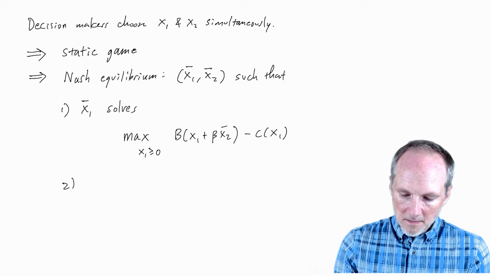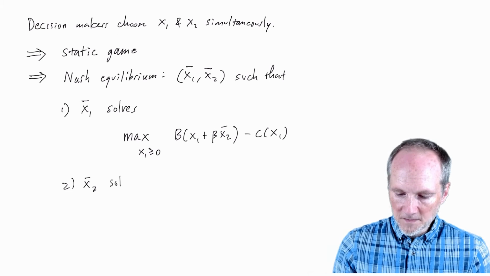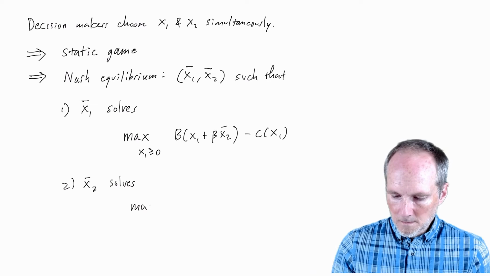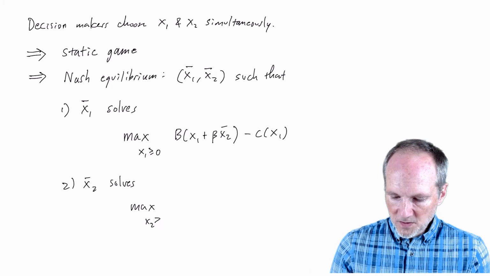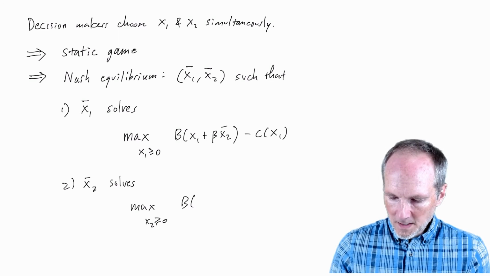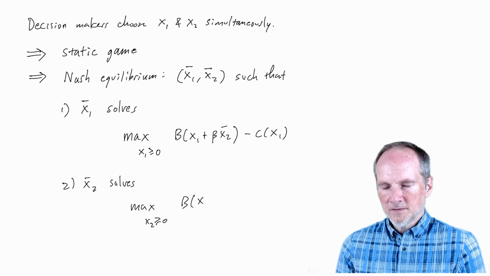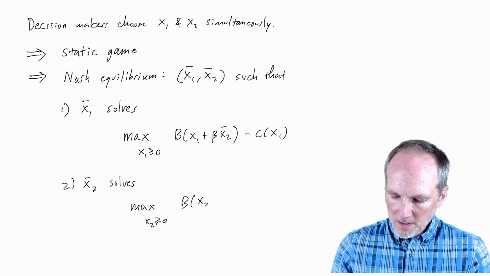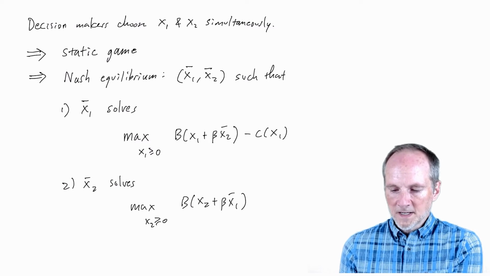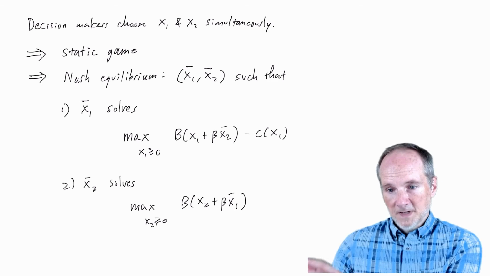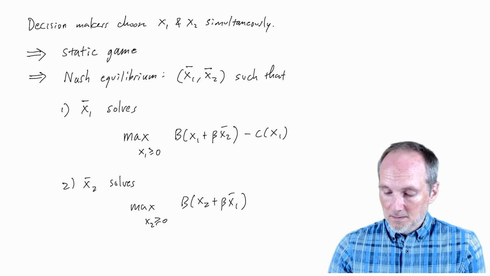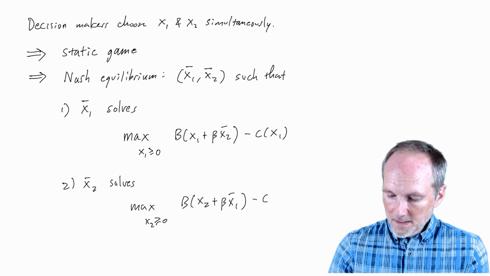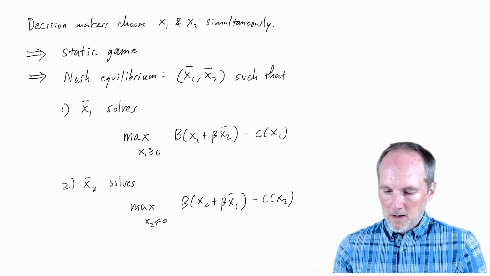And person 2 is doing the same thing. So x2 bar solves person 2's maximization problem. And again, now the objective function is going to be written from their point of view. So they're choosing x2 with person 1's activity level fixed at this sort of expected level, and then they bear the cost of their activity level.